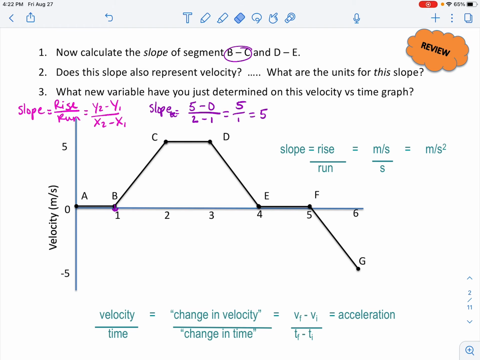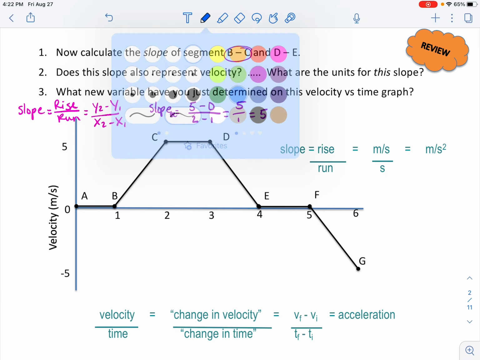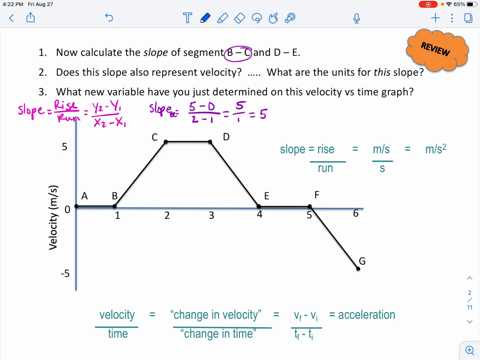If I were to calculate my slope value for segment DE, now y2 would have a value of 0. y1 would have a value of 5. So 0 minus 5 for my numerator on this part of the graph.